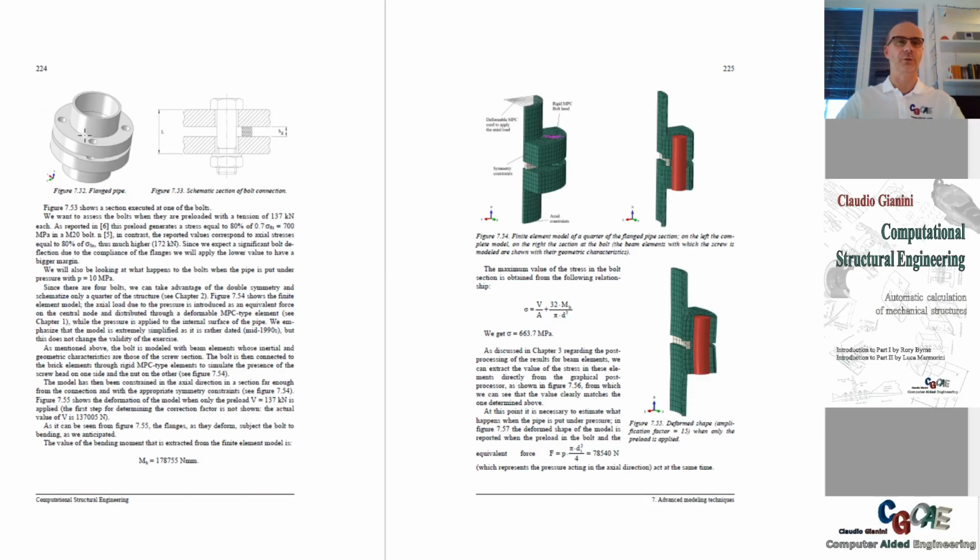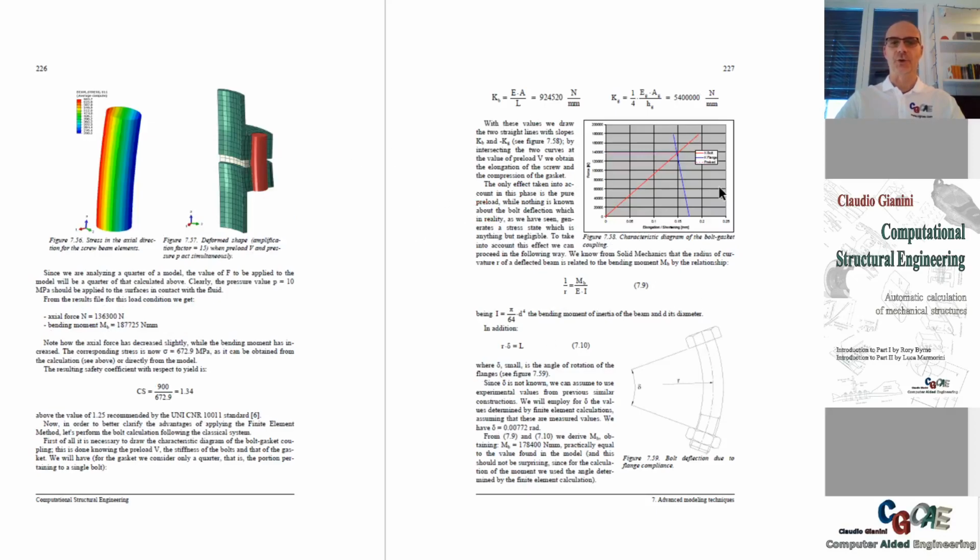So here we have a sort of tube which is flanged through 4 bolts. We use the double symmetry, so only a quarter of the model is built. The bolt head is simulated through MPC and the nut as well, and the bolt is modeled with beam elements. Also shown is the effect of squeezing the gasket, the stiffness of the gasket and of the bolt, and how they are combined together.